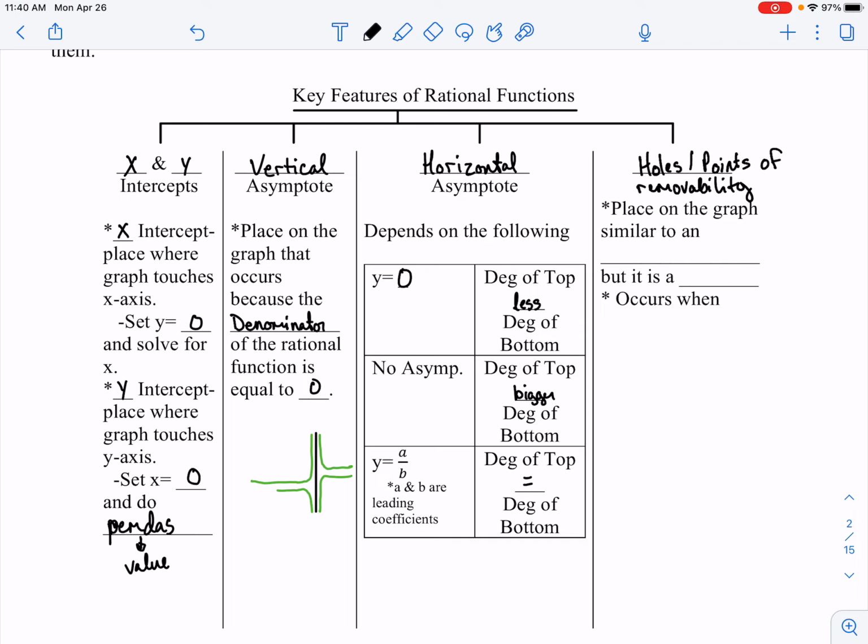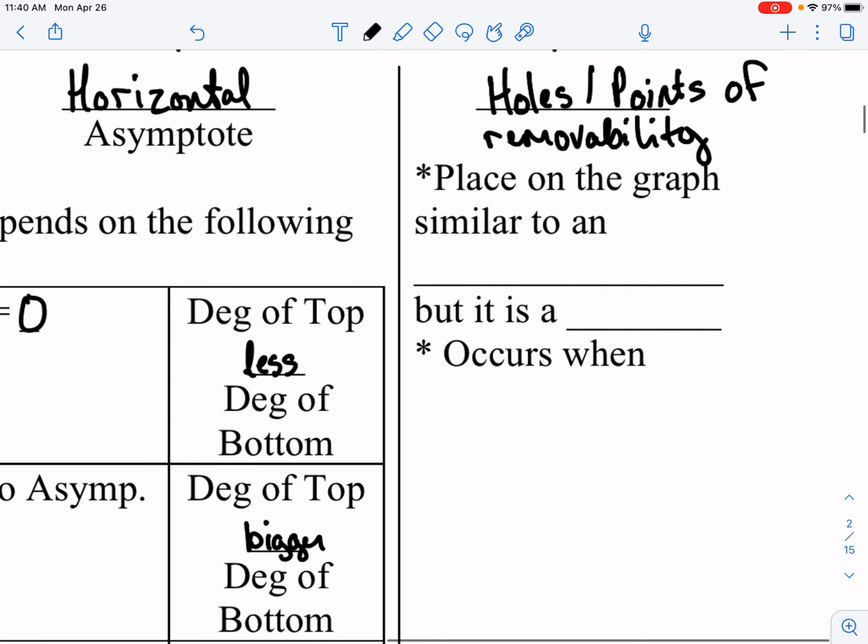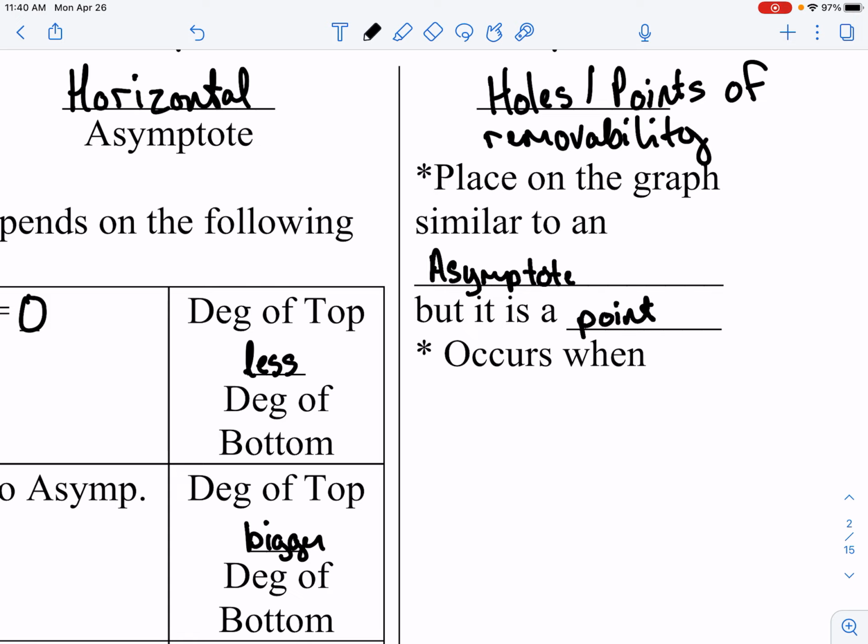However, depending on the person that writes the test, writes the question, you may see it referred to as one or the other. So what is it? It is a place on the graph similar to an asymptote, but instead of it being a line, it's nothing more than a point.